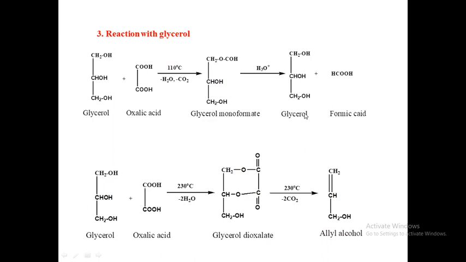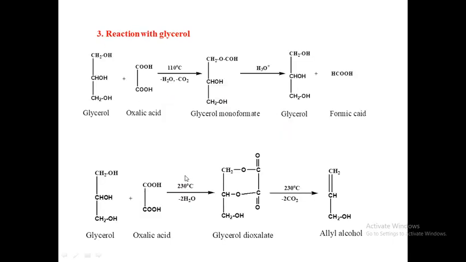Suppose we increase the temperature to 230 degrees Celsius. Then what happens? When glycerol is reacted with oxalic acid at 230 degrees Celsius, it forms glycerol dioxalate with elimination of a water molecule.